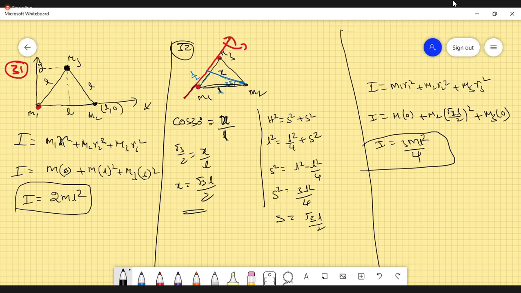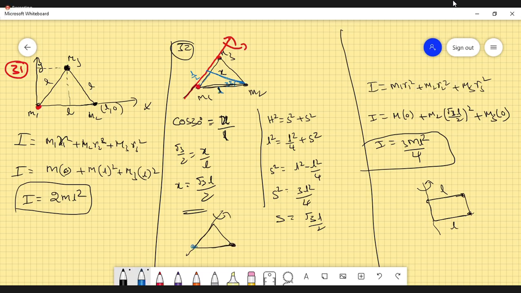Perpendicular distance you have to consider always, okay? It should be straight. In the previous case, we considered a square, and along this axis, something like a door, and here to here the distance is perpendicular, that is L. But you may ask why, in this triangle with this axis of rotation, we can't take the distance from here to here.